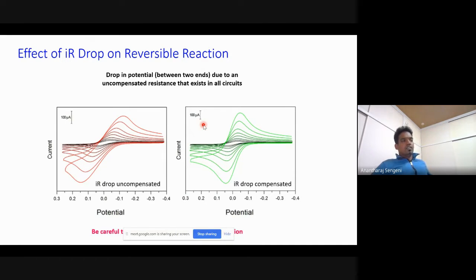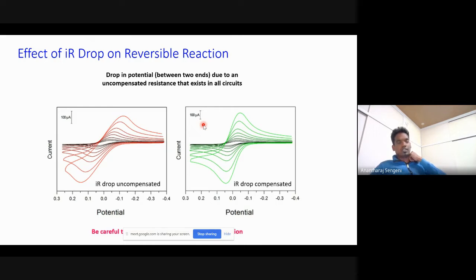So when we talk about uncompensated resistance, it is not a resistance resulting from a single source. People often confuse uncompensated resistance with solution resistance. In fact, solution resistance is the major contributor to uncompensated resistance, but it is not the sole contributor.